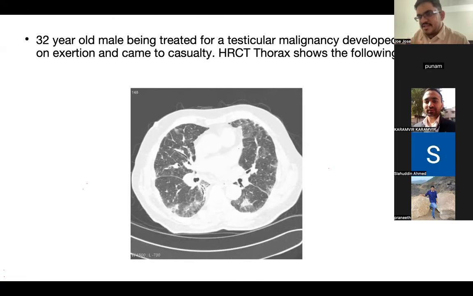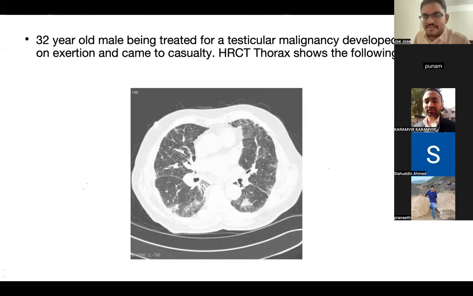Absolute is if the DLCO is less than 30%. Now coming to relative, it is if the DLCO is between 30 to 60%, if the patient has age greater than 40 years, a smoking history, history of previous lung RT, other lung pathologies like COPD, or an impaired creatinine clearance. All these are relative contraindications. So absolute is only DLCO less than 30, and relative are all the other ones that I mentioned.